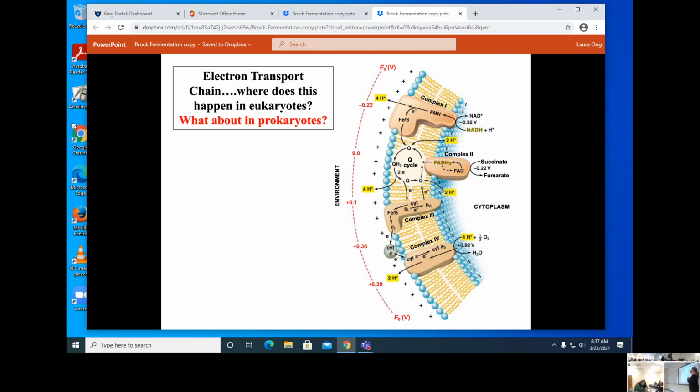Here's a couple of other things that can make this stop. And I think I want to write these down. These are things that would make the electron transport chain stop more than specifically the protons, but they're going to have the same effect in the end.